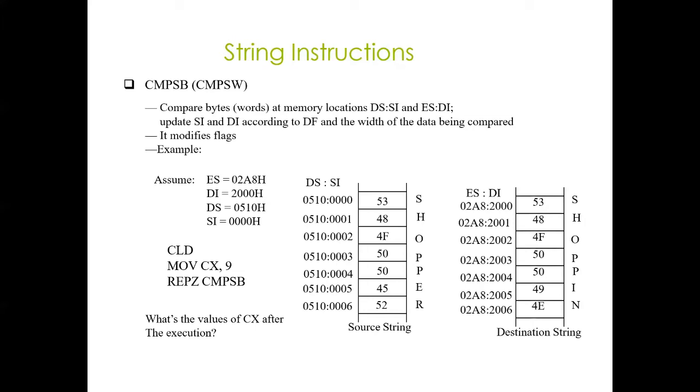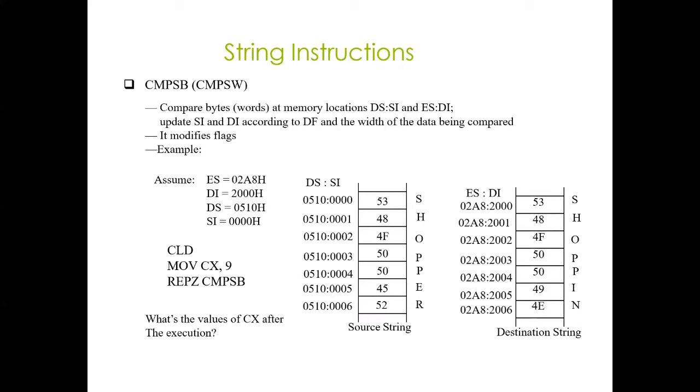Next is CMPSB or CMPSW. This is a string instruction. It compares the content of the memory location addressed by the DI register with the content of the memory location addressed by the SI register. For comparison, the content of the memory location addressed by the DI register is subtracted from the content of the memory location addressed by the SI register.